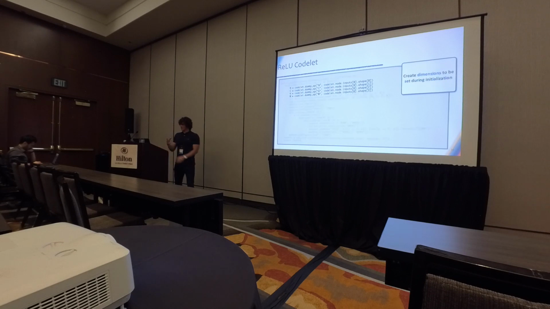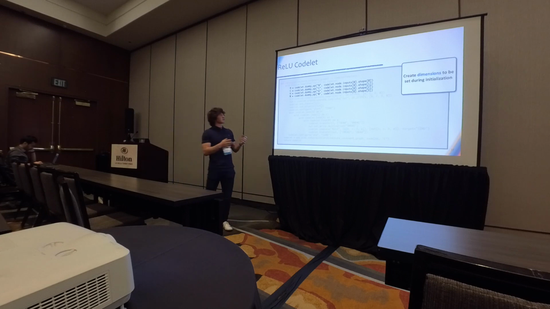The first thing we'll do, because we want some operation, in this case, is define how a ReLU would be executed on GeneSys. By the way, this is the actual ReLU codelet for our architecture that the compiler uses.